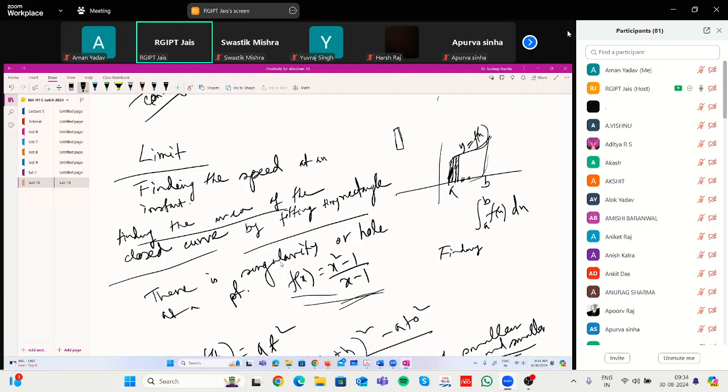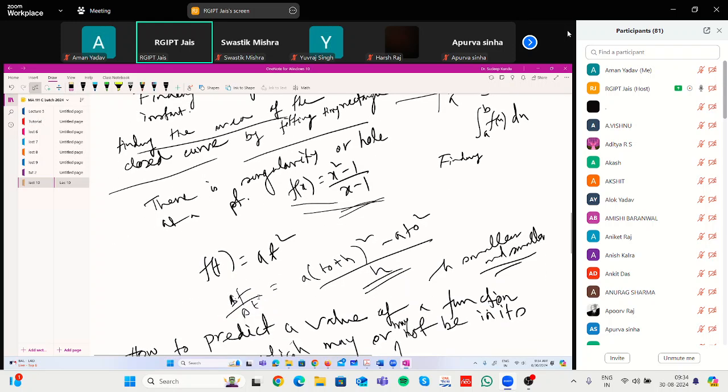That means this small step length should go to 0. Okay, number of rectangles goes to infinity. That means when you divide this AB interval into small sub intervals, the length of that sub interval should go to 0, and that you have seen denoted as h, this small length of sub interval. Similarly, here also you have seen that if there is some single point, what is the behavior around x equals to 1.